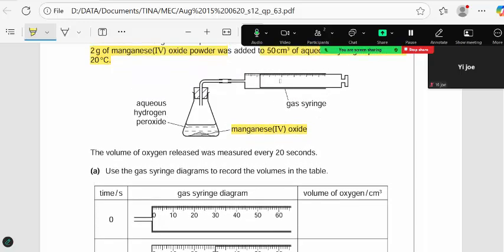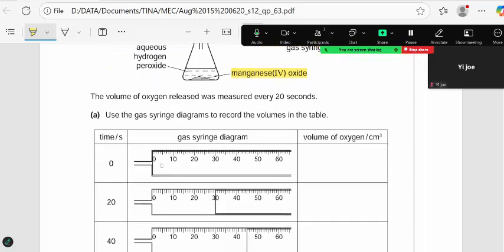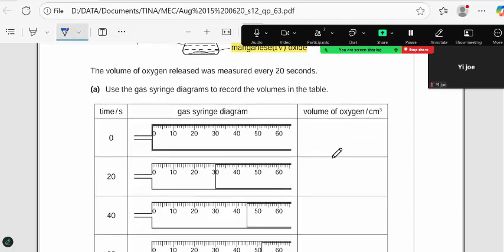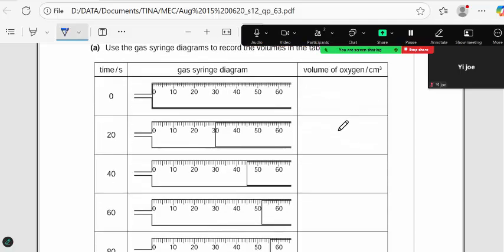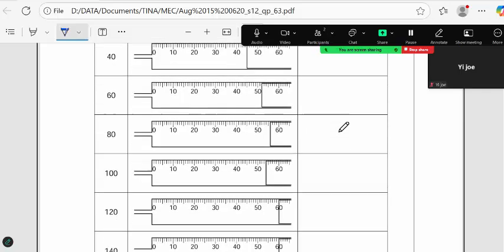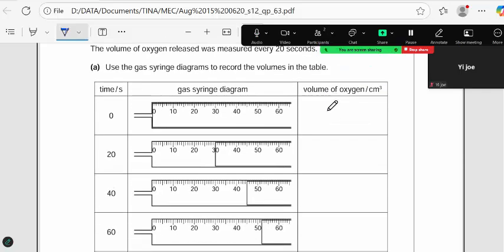Now this is a gas syringe. I already told you the gas syringe has a reading, right? So what is the volume of gas collected here? 0. Okay, so please write 0.0. This one is 30.0.